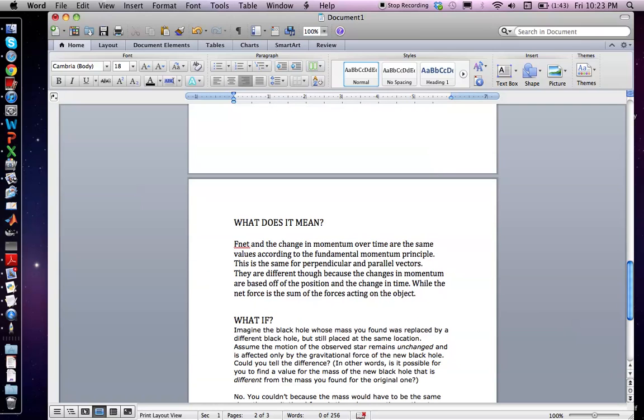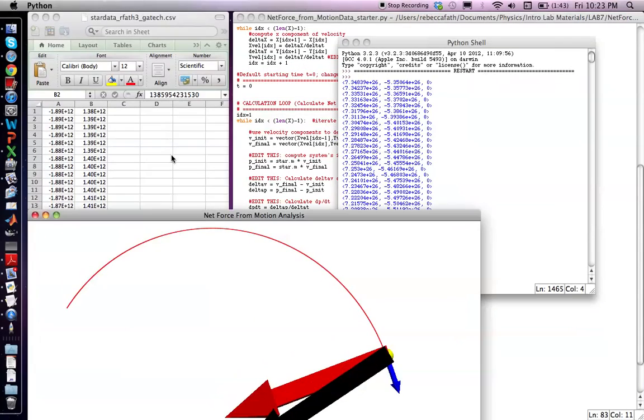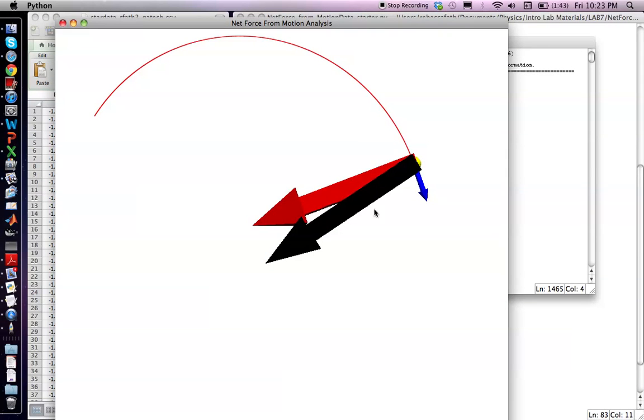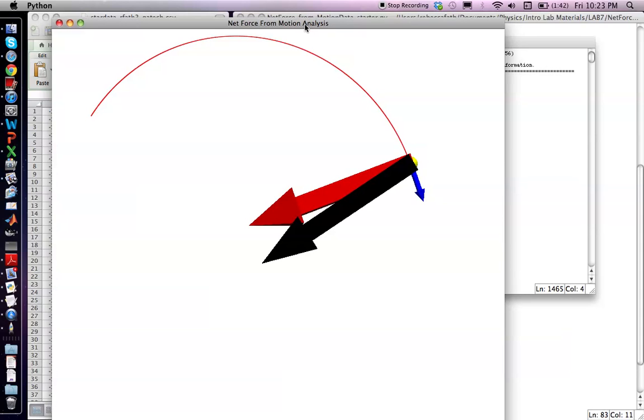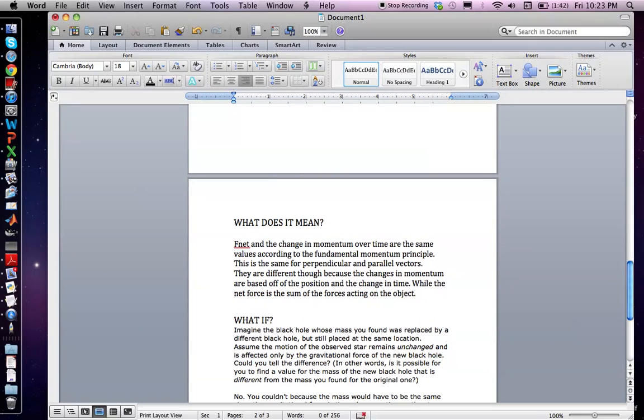So what does it mean? This is talking about comparing the change in momentum over time and the F net. As I showed you, this is the total F net and this is the perpendicular and this is the parallel forces. Although the F net and the change in momentum over change in time are equal, the values are equal according to the fundamental momentum principle, they're actually not the same thing.